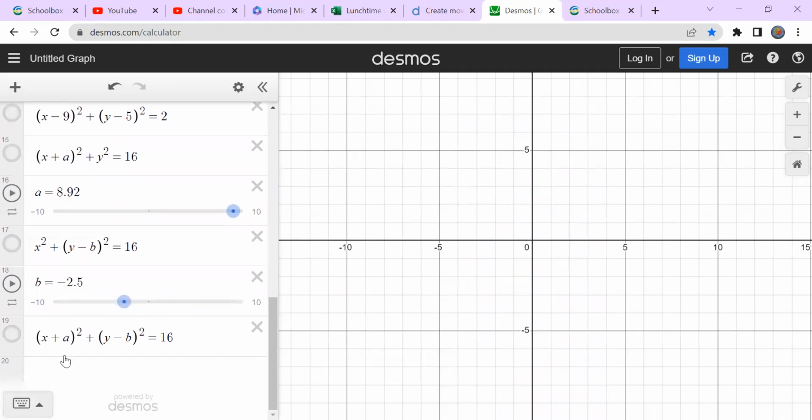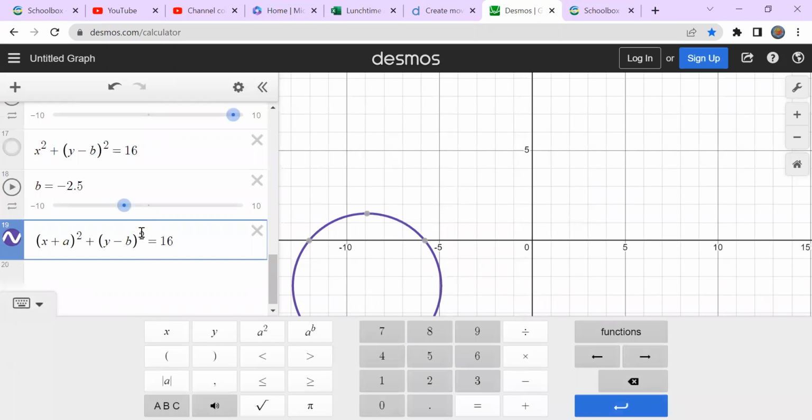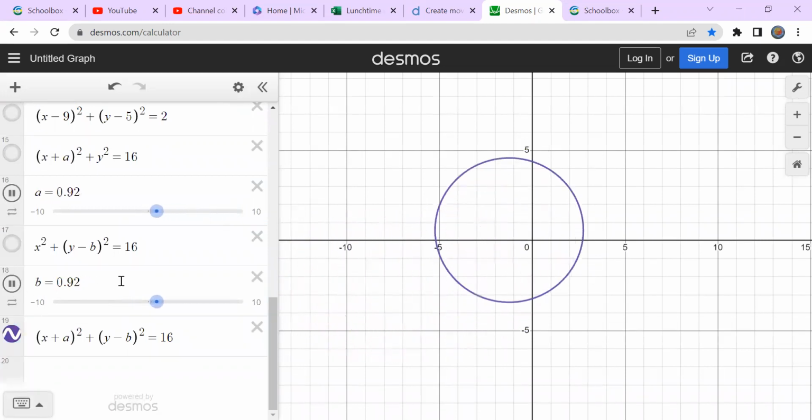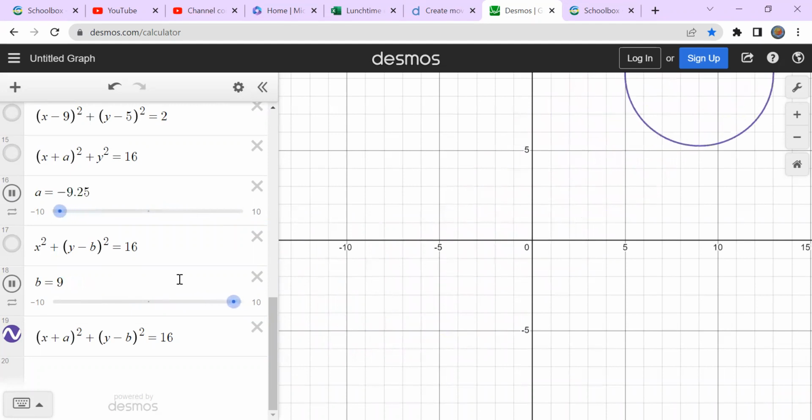Okay, so what if I want them to move in both directions at the same time? Those sliders A and B are already defined up here. So I can hit play on both my sliders. And that's moving left and right and up and down at the same time. You get these funny things going on. You can even have it that your sliders are the same.